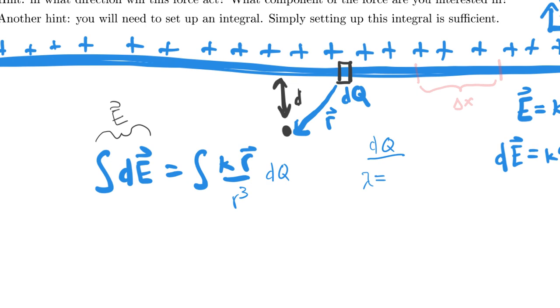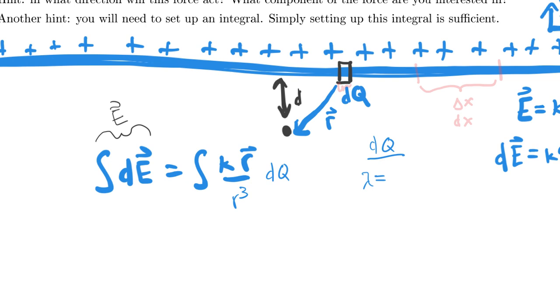Then there's going to be some amount of q in that delta x distance. Or you might say that this is a very small distance, so let's just call it dx. That's like the little d here, a very small distance that was covering.